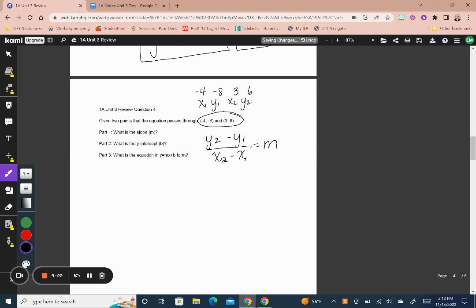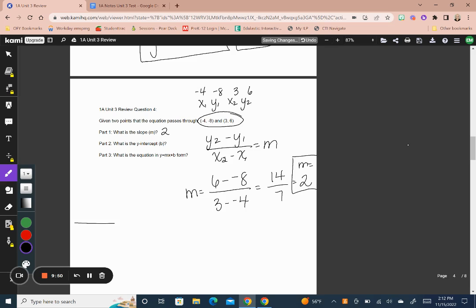So we're going to do 6 minus negative 8 over 3 minus negative 4. 6 minus negative 8 gives me a 14. 3 minus negative 4 gives me a 7. 14 divided by 7 gives me a 2. That is my slope. M is 2.